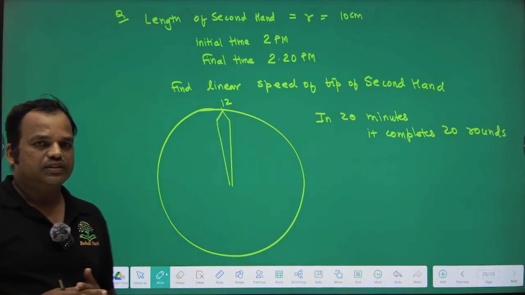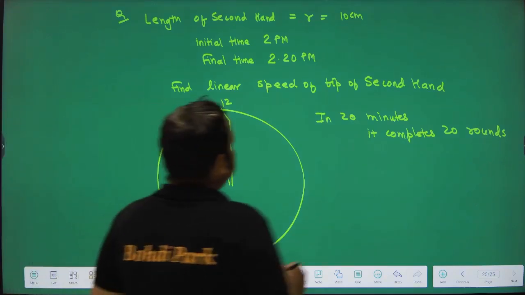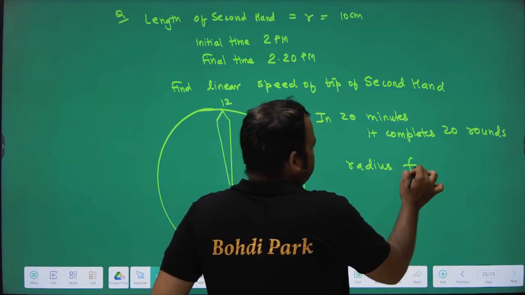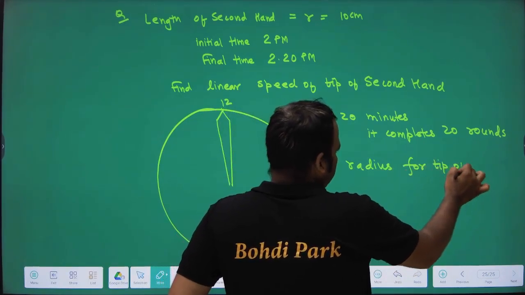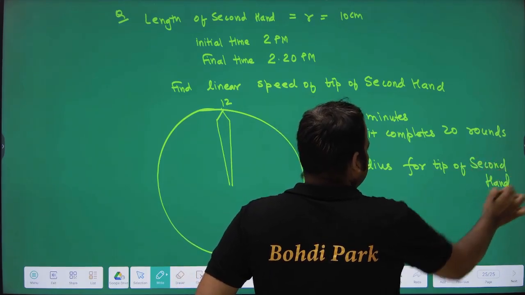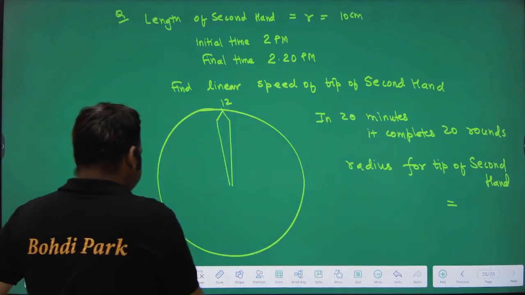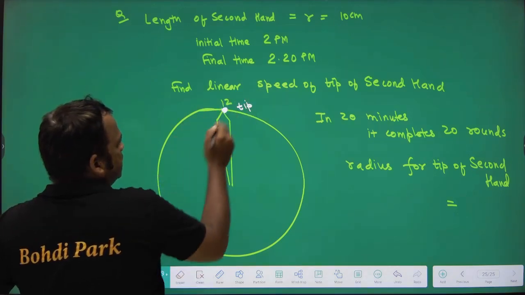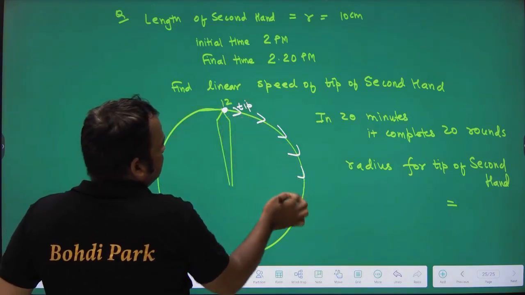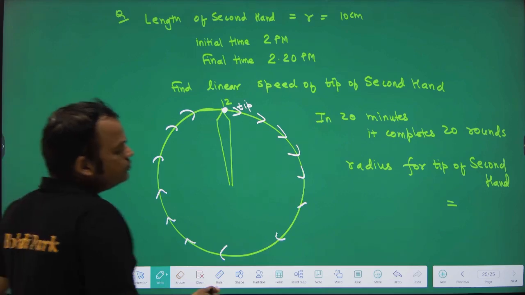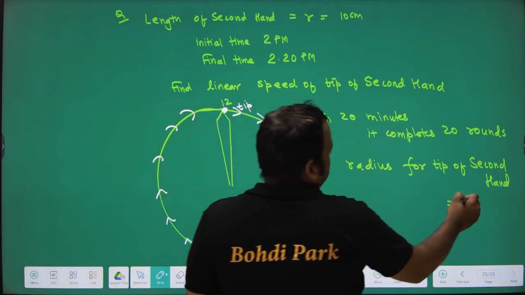So radius for tip of second hand will be equal to its length. This is known as tip of second hand. It is performing circular motion. So radius will be 0.1 meter.